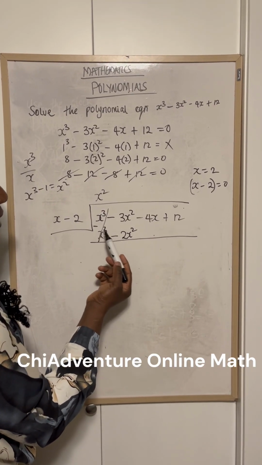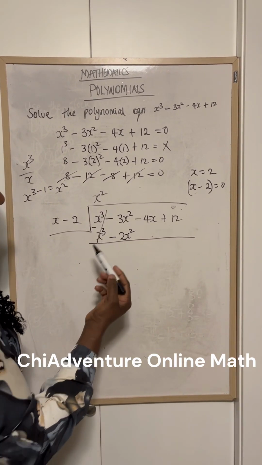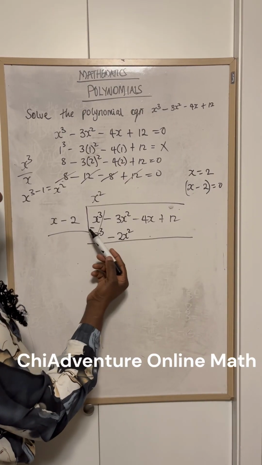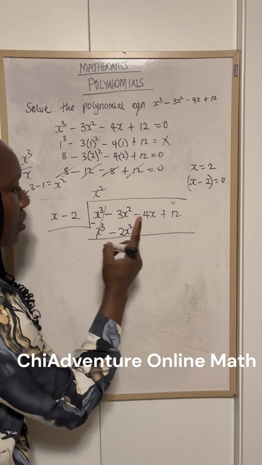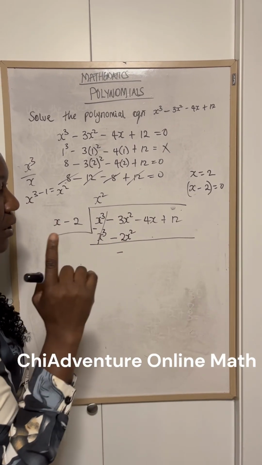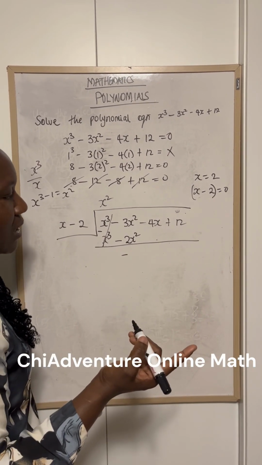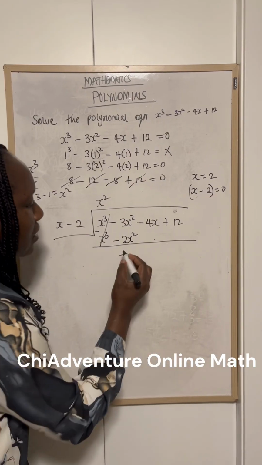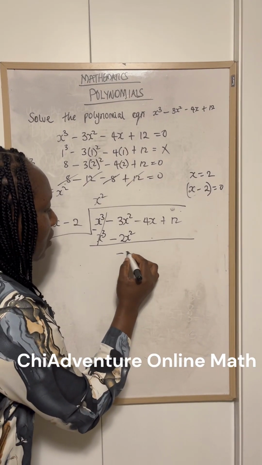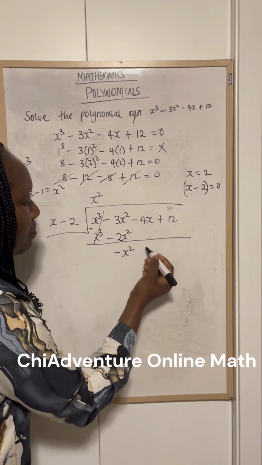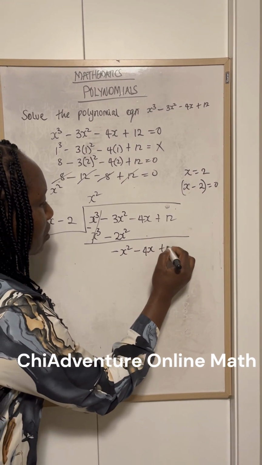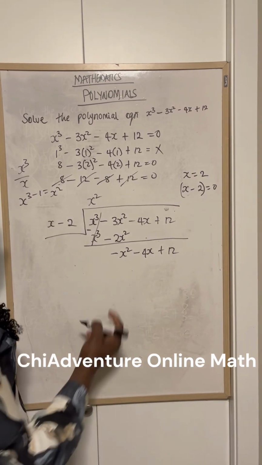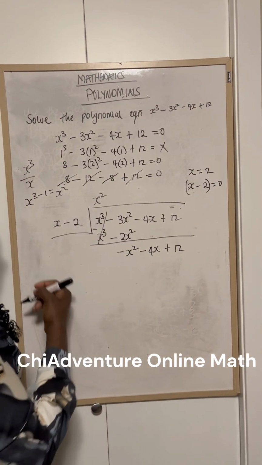Minus 3 minus minus 2 is the same thing as saying minus 3 plus 2, and that will give us what? Minus 1. But 1 is equivalent to having nothing, so we'll have just minus x squared, and you bring down this 4x plus 12.